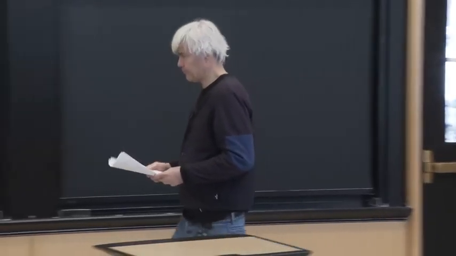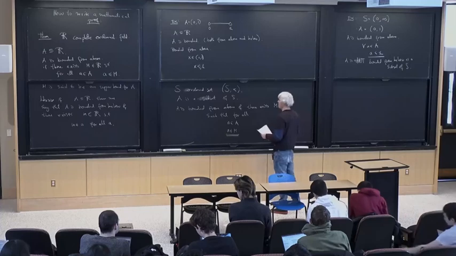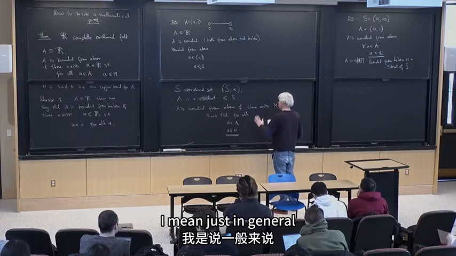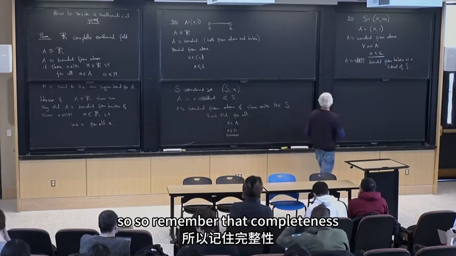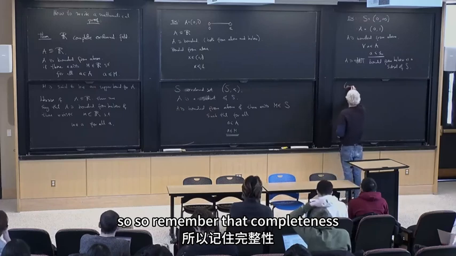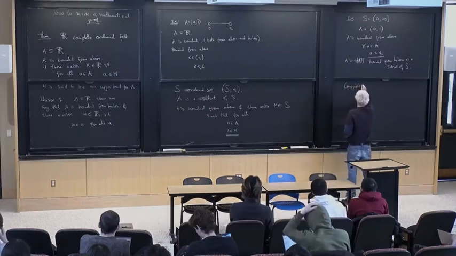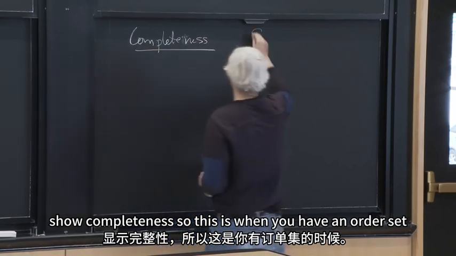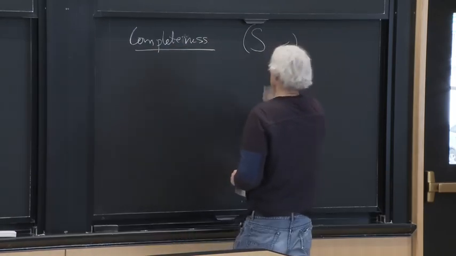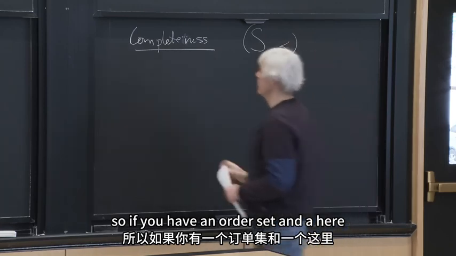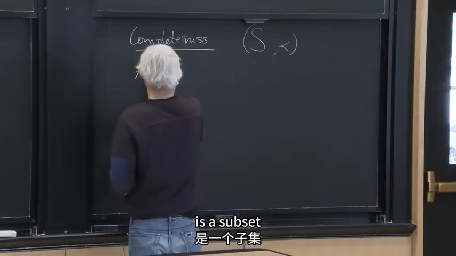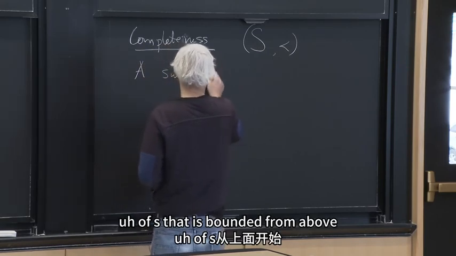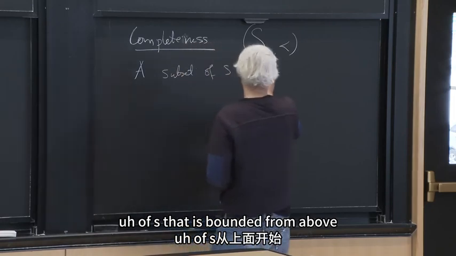Okay, so right, and so for an ordered set in general, remember completeness. So completeness is when you have an ordered set S and A is a subset of S that is bounded from above.